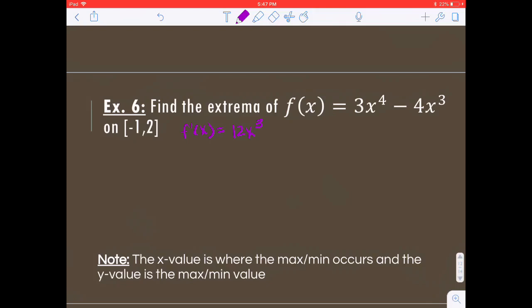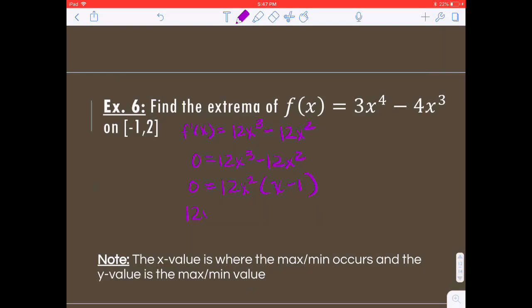Now we want to find the critical numbers. To find the critical numbers, set it equal to 0. We can factor out a 12x squared, so we have x minus 1. So either 12x squared equals 0, or x minus 1 equals 0.